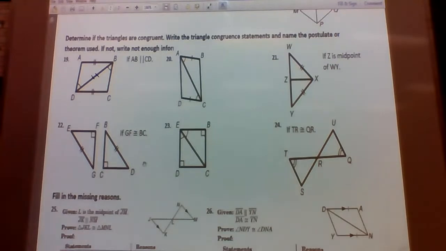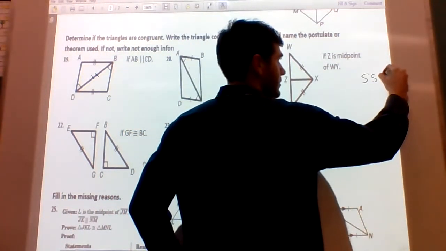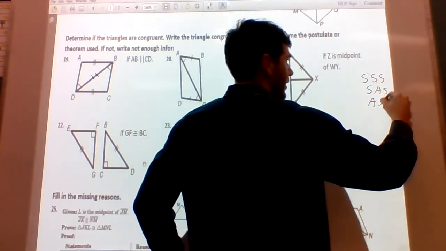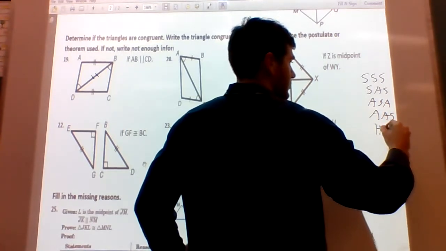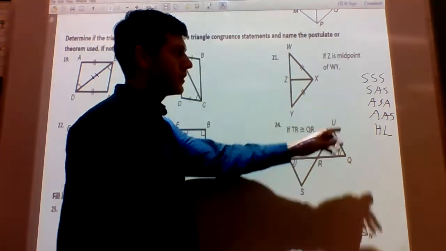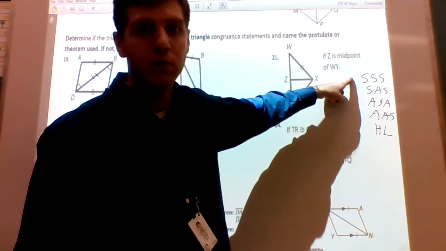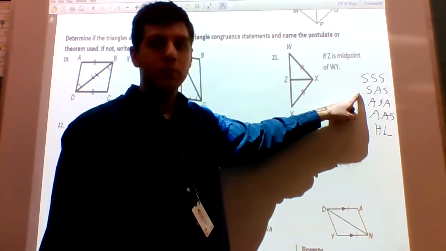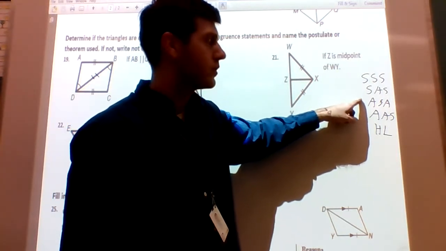So again, let's think about the postulates we have: side-side-side, side-angle-side, angle-side-angle, angle-angle-side, and hypotenuse leg. If three corresponding sides of two triangles are congruent, then the triangles are congruent. If we have two corresponding sides that are congruent and the included angle is congruent, then the triangles are congruent.